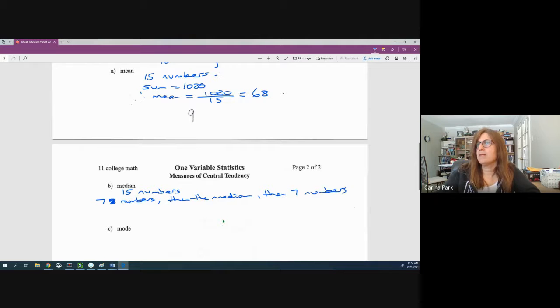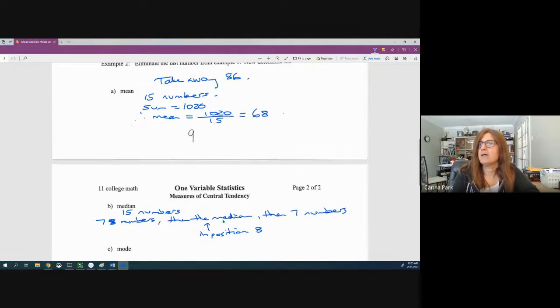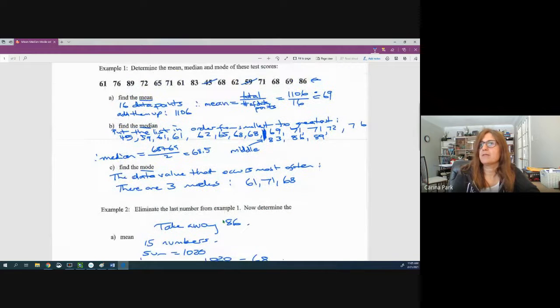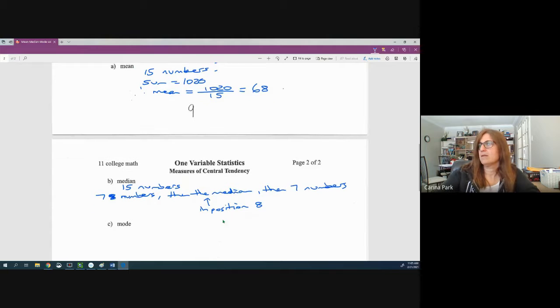So that middle value is going to be in position 8. So let's go to my sorted list, and I'm going to count 1, 2, 3, 4, 5, 6, 7, 8. So the median is the 8th number, and that's 68.